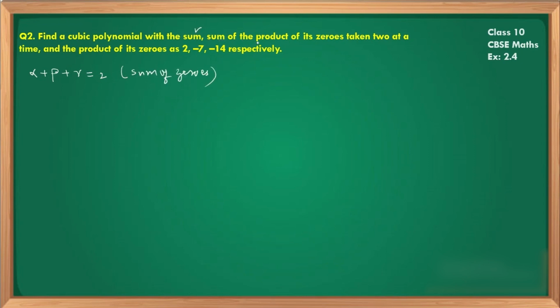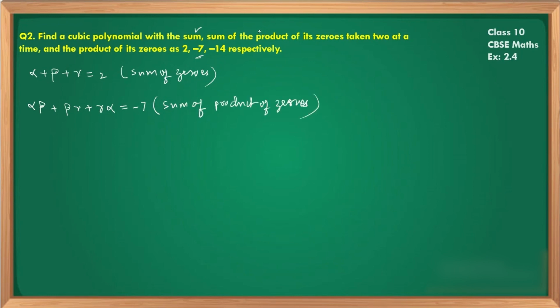Now sum of product of its zeros taken 2 at a time. Now sum of product, that is alpha beta plus beta gamma plus gamma alpha is equal to minus 7. This is sum of product of zeros.